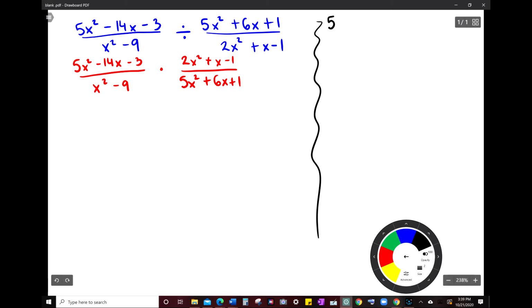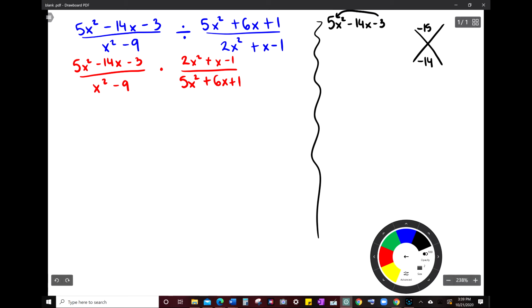So first with 5x squared minus 14x minus 3, I will take negative 3 times 5, the constant multiplied by the leading coefficient. So negative 3 times 5 gives me the top number, which is negative 15. And then I have negative 14 go to the bottom.